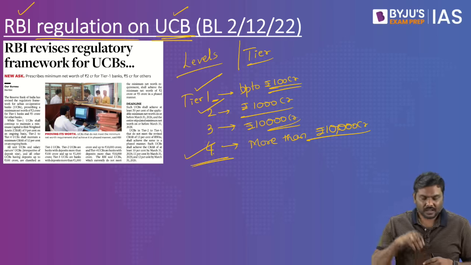And that is the precise reason you must have seen the capital adequacy ratios increased by the Reserve Bank of India compared to the global capital adequacy ratio. Because under the Basel guidelines, generally the requirement of capital adequacy ratio, or capital to risk weighted assets ratio, is 8%.